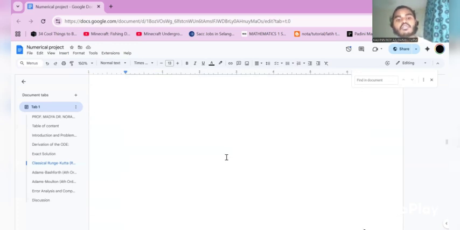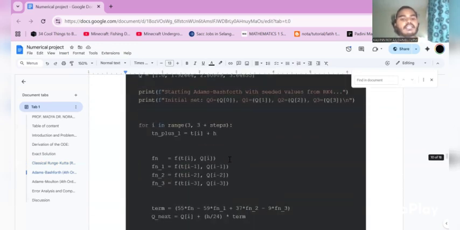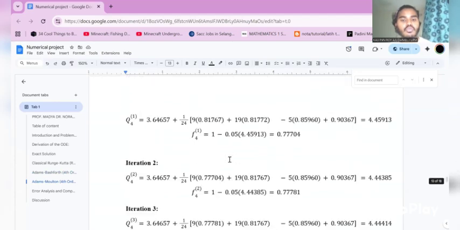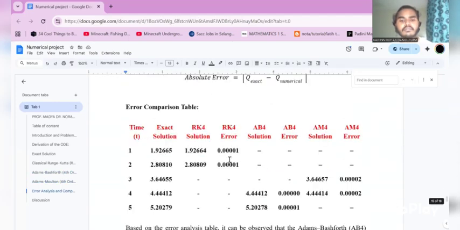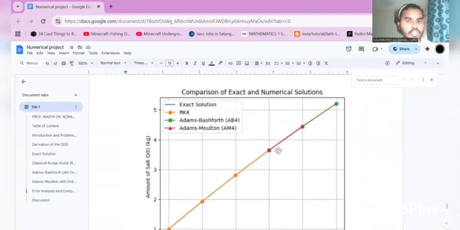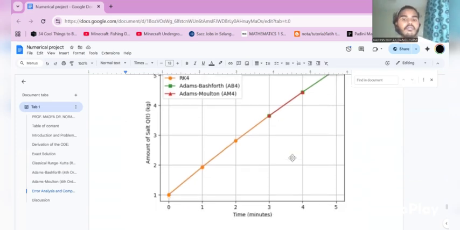So the next thing that we would like to show is the analysis for the graph. You can notice here that based on the visualization, we compared the exact solutions as well as the solutions that we got from RK4.